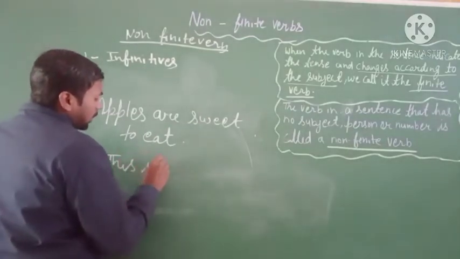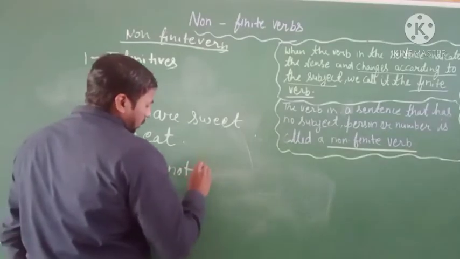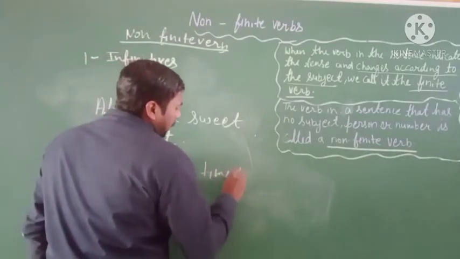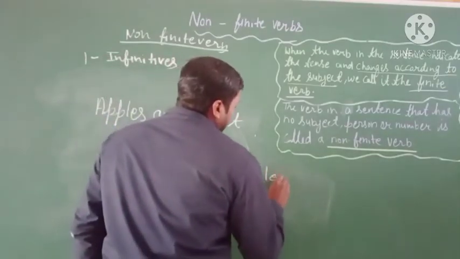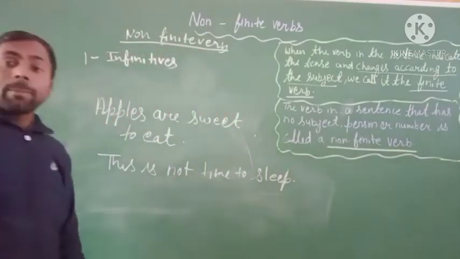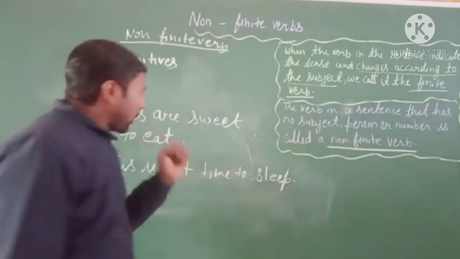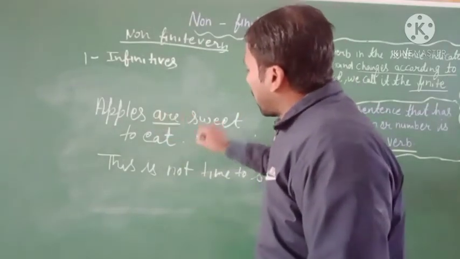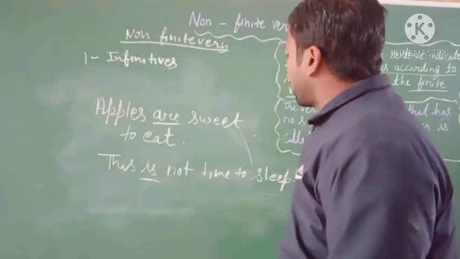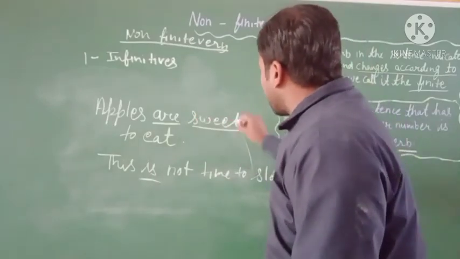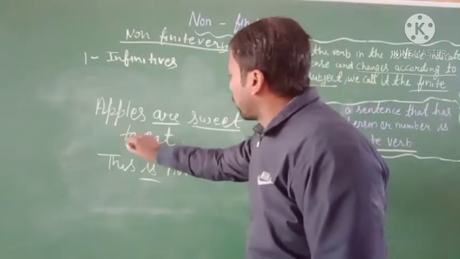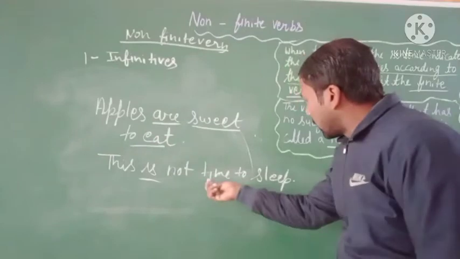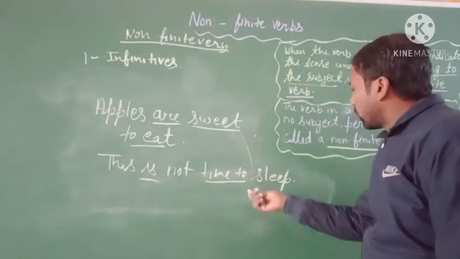So in this sentence you have to see that here "are" and "is" are verbs. Sweet to eat, and here is the time to sleep.